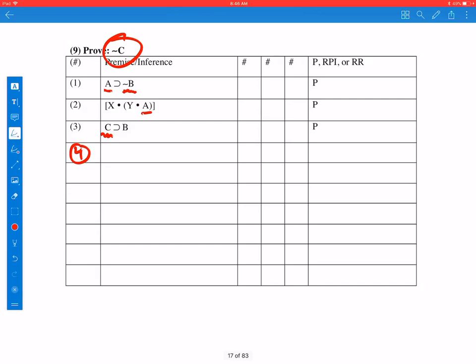First thing we might do, and we can do this many different ways, but I'm just going to move this over: y and a and x by com from 2, and I'm going to simplify this part because it has the a in it, so I get y and a from 4 by simplification.